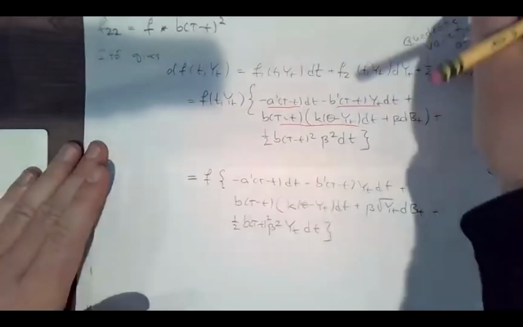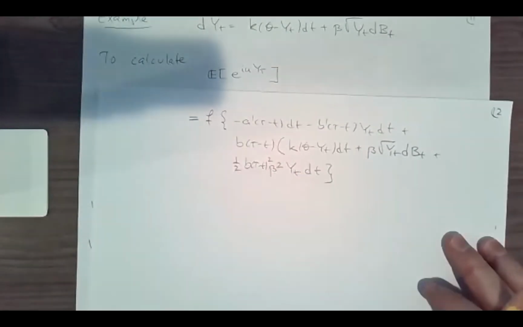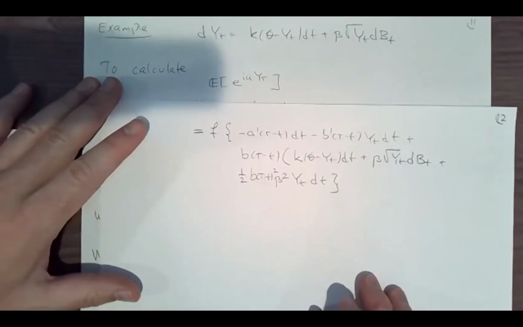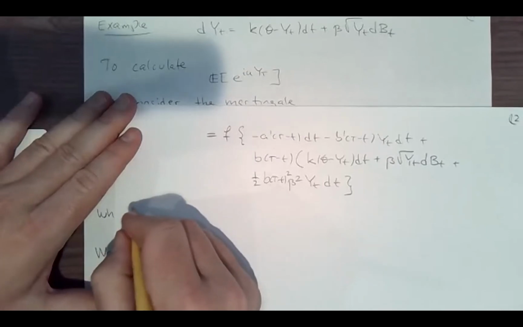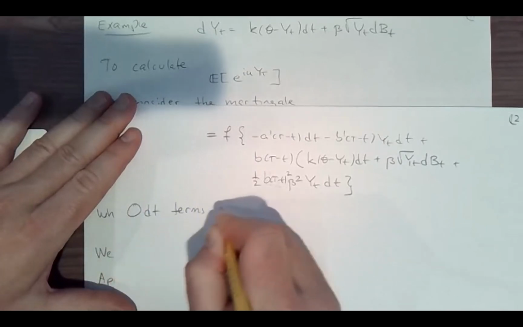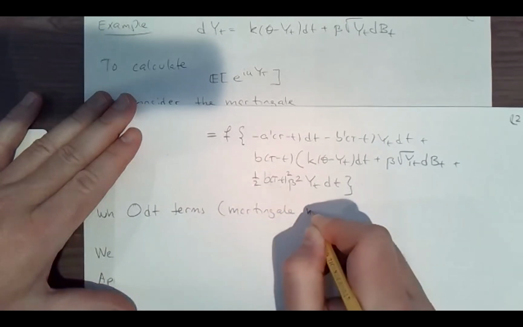And so we have a zero drift, zero dt terms. This is the martingale property.